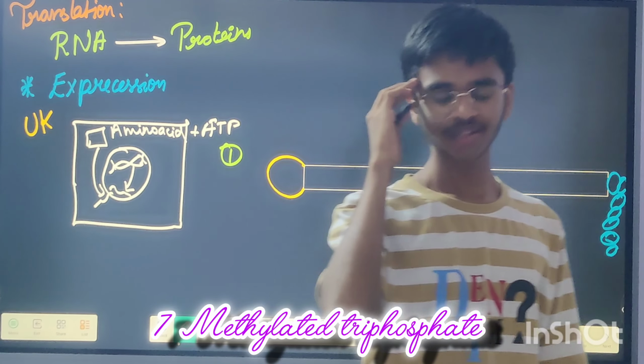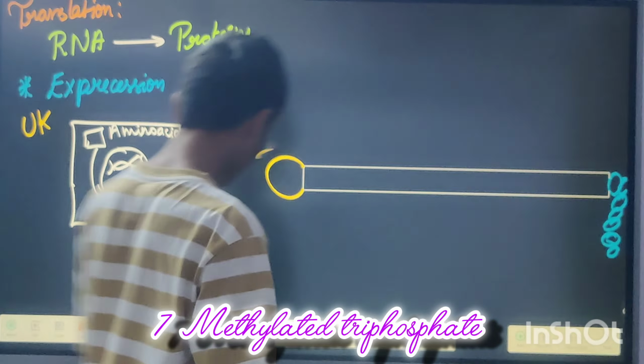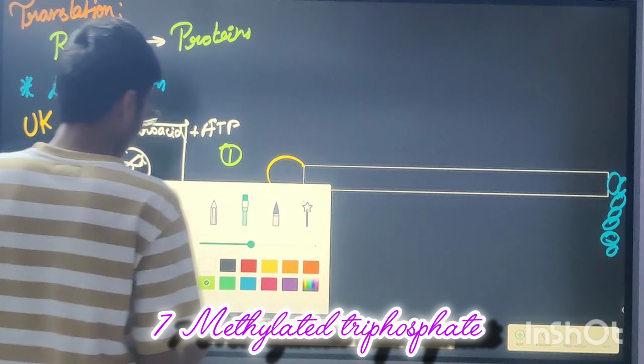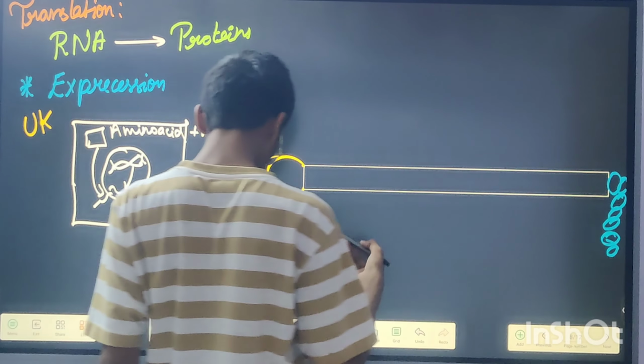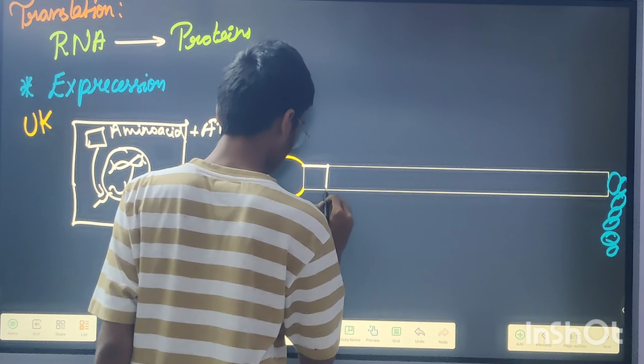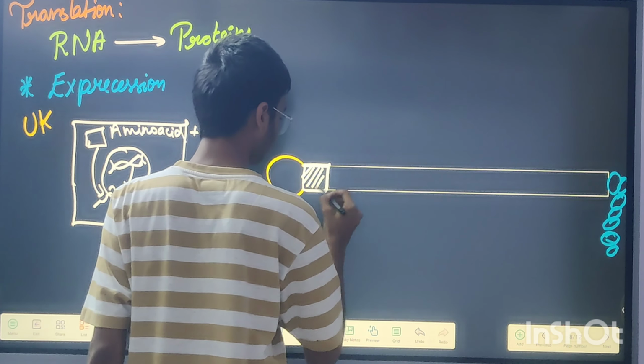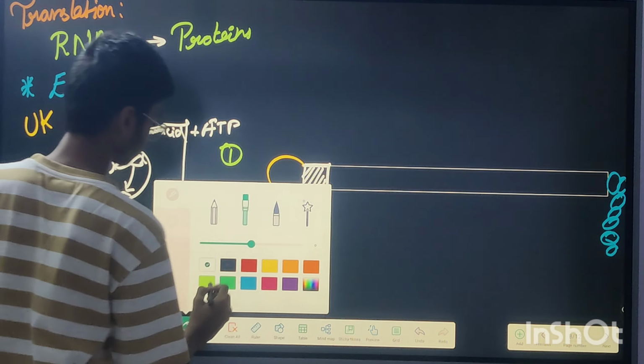It has triphosphate with it. So there is this head, there is this amino acid, and also there will be the first UTR. In the very beginning of any RNA there will be this UTR.